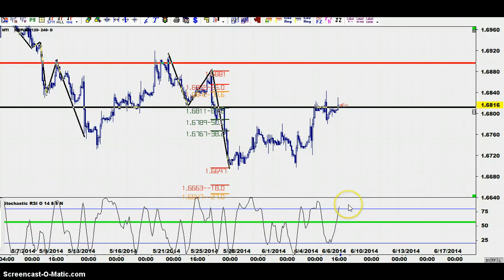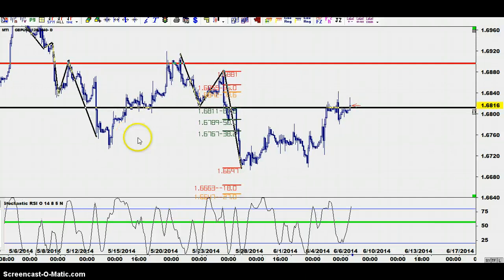Stochastics are in the overbought zone, and we're at past support, future resistance. Okay, and so what we'll do is put in an entry.